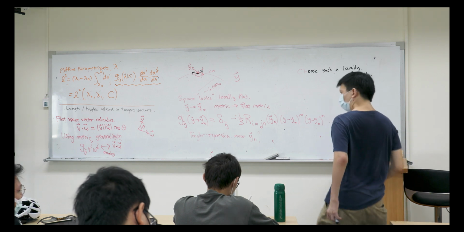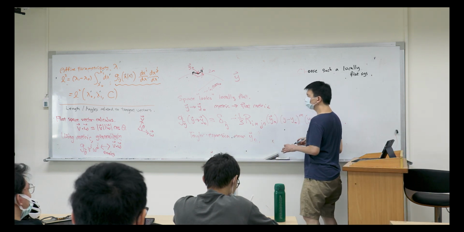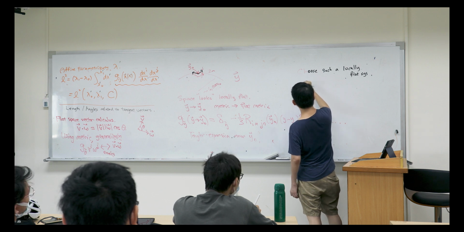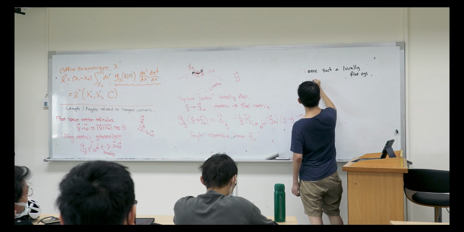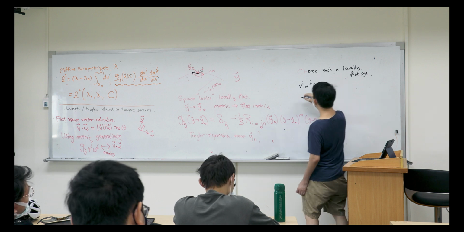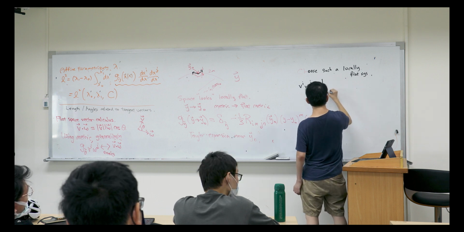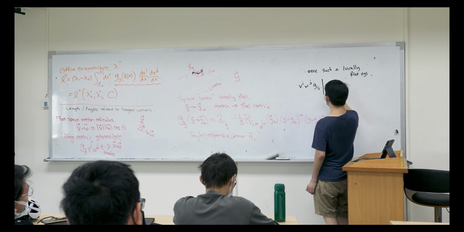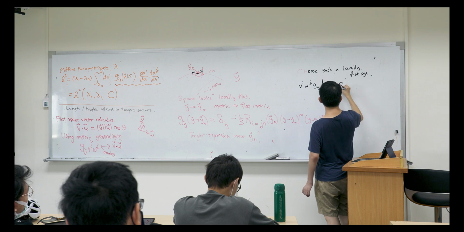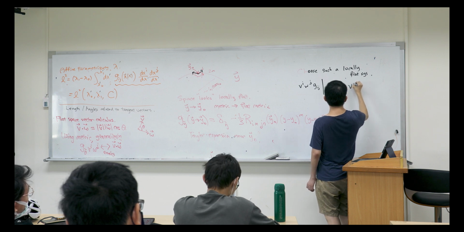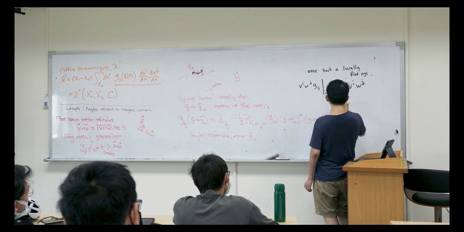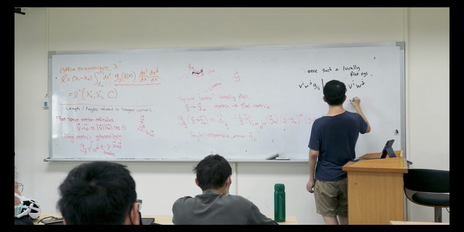So now all I have to do is choose such a locally flat system, and now I consider v^i w^j g_ij. But if I evaluate it at y naught, what happens? All these terms will go away, and I'm left with Kronecker delta_ij v^i w^j, which is in fact nothing but v dot w.